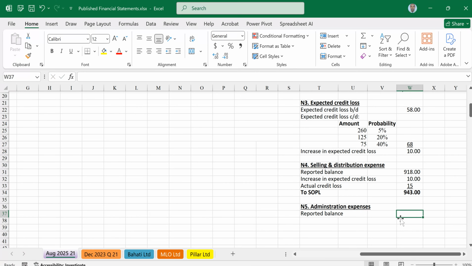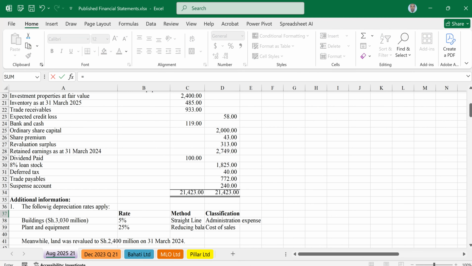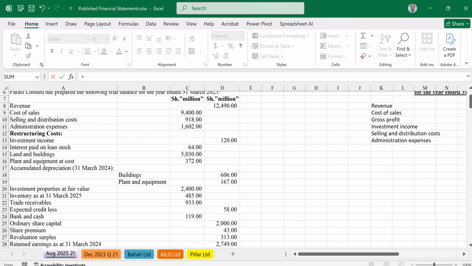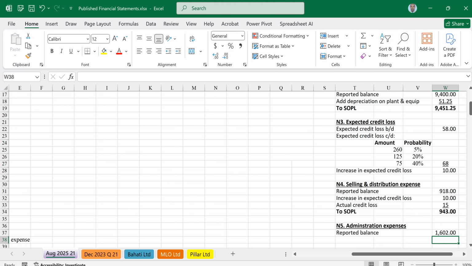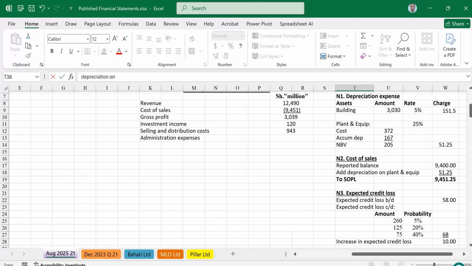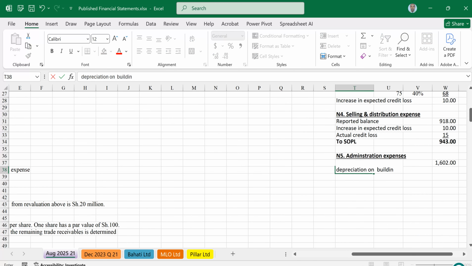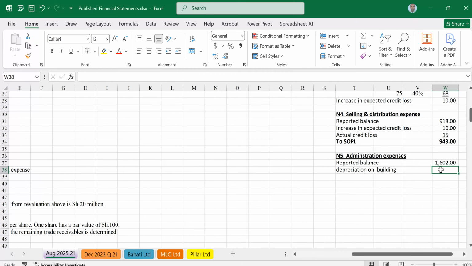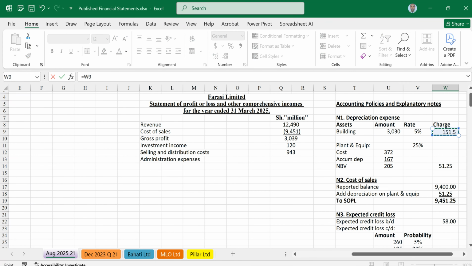This will be equal sign, then you click on 943. Now for administration expenses, the reported balance is 1,602 million. Enter. It was affected by depreciation. You add depreciation on the first thing, depreciation on building, amounted to 151.5.